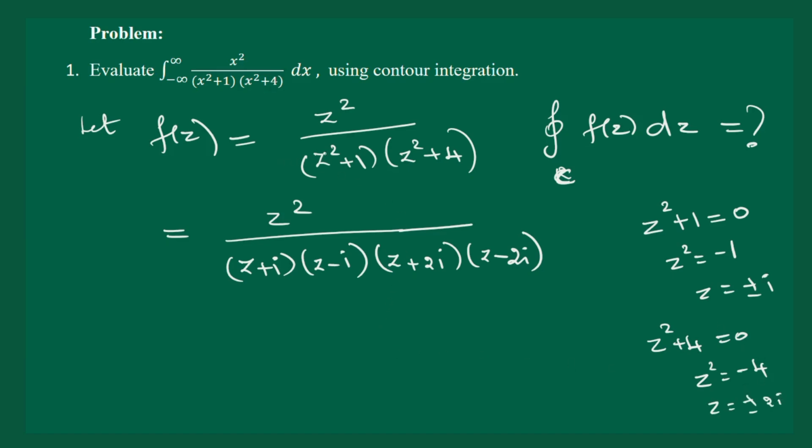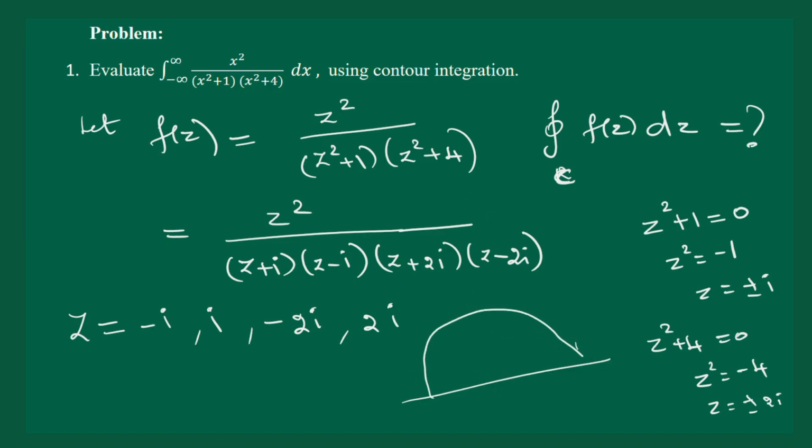Since it is a polynomial of power 4, we have 4 linear factors. So what about the poles or singular points here? Minus I, plus I, minus 2I and plus 2I. Out of these poles, which lie in the upper half of the z plane? This is the point 0.